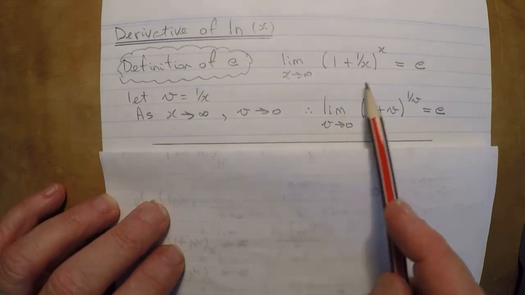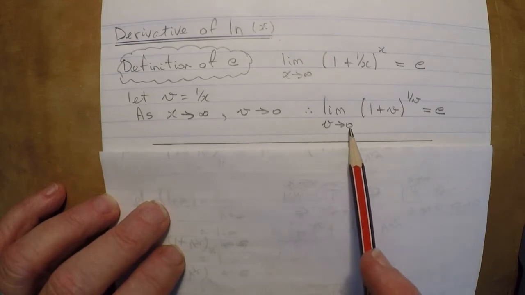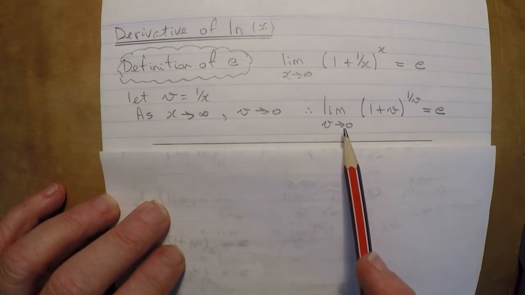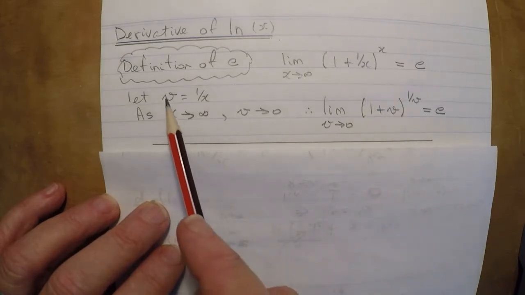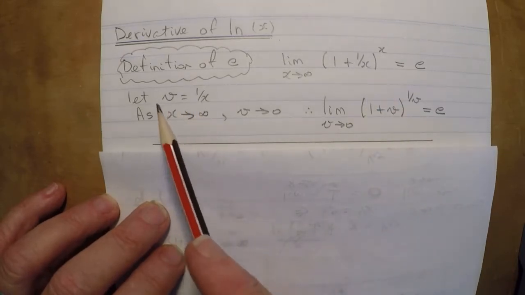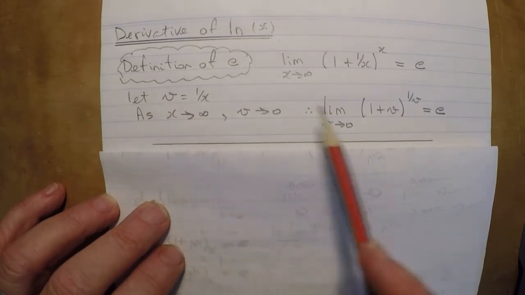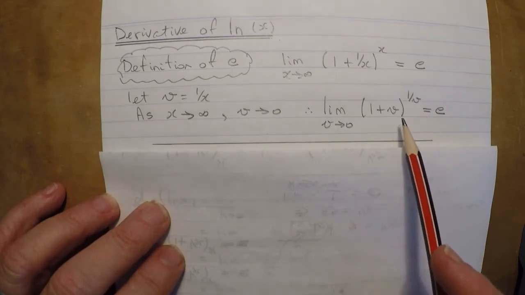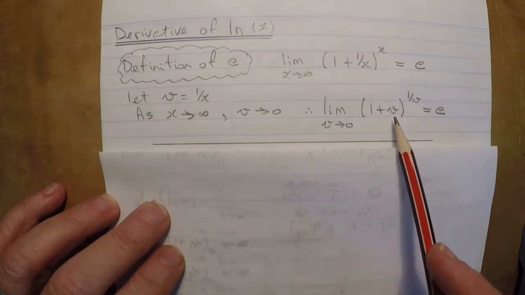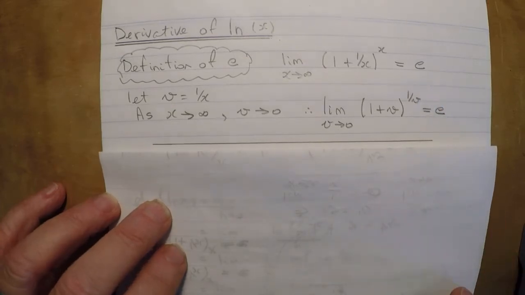So we can rewrite this limit with v tending towards 0 instead of x tending towards infinity. 1 over x is replaced by v, and x, if we rearrange this, would be the reciprocal of v. So this, similar but not quite the same limit, also equals the same number e.